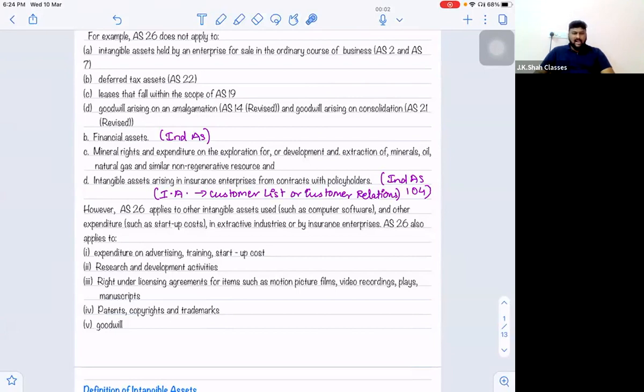Yes, Shweta. Sir, self-generated goodwill is not at all recorded in the books of accounts. No. And AS 26 does not apply to goodwill acquired by consolidation and amalgamation. Then what does this goodwill refer to, sir? The fifth point of AS 26 applies to purchased goodwill.